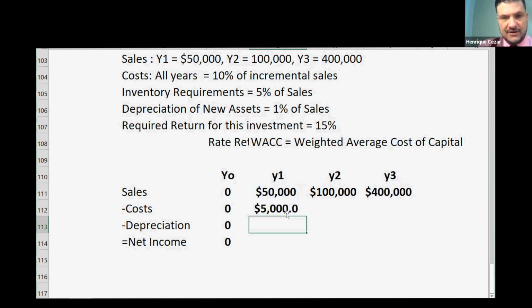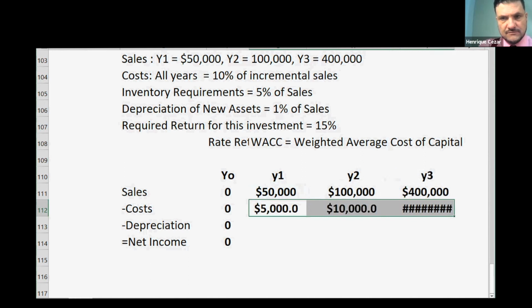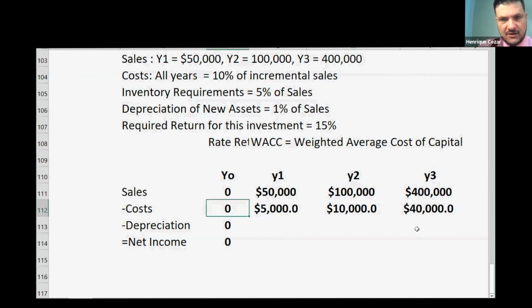Then you have 5,000 here. There you go. So 5,000, 10,000, 400,000. I like to do costs and depreciation in the color red. It's easy for us to see.